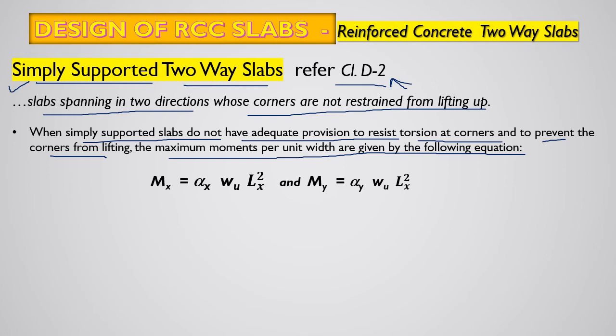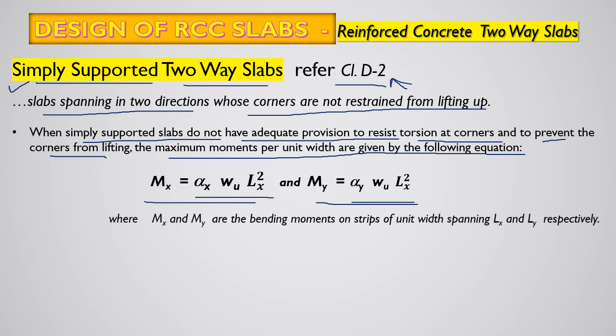Now the formula is, moment along the x direction, that is along the shorter span, can be calculated by this formula, Mx = alpha x Wu Lx square, and similarly the bending moment along longer span you can calculate by formula My = alpha y Wu Lx square.